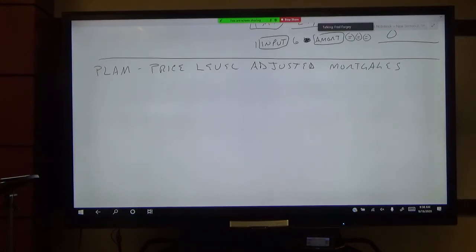In other words, as the value of the property goes up over time during the loan, you owe more on the property. Does that make sense?